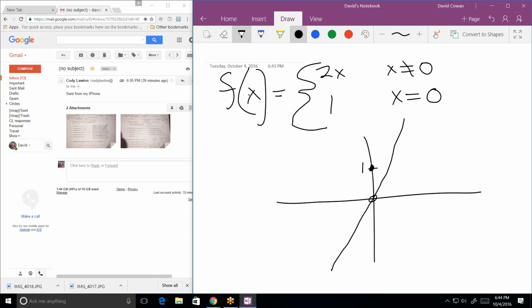Okay. Now, do you want to learn a very little bit about limits? Have you had any limits at all? What do you mean by limits? This is a great problem to talk about limits.